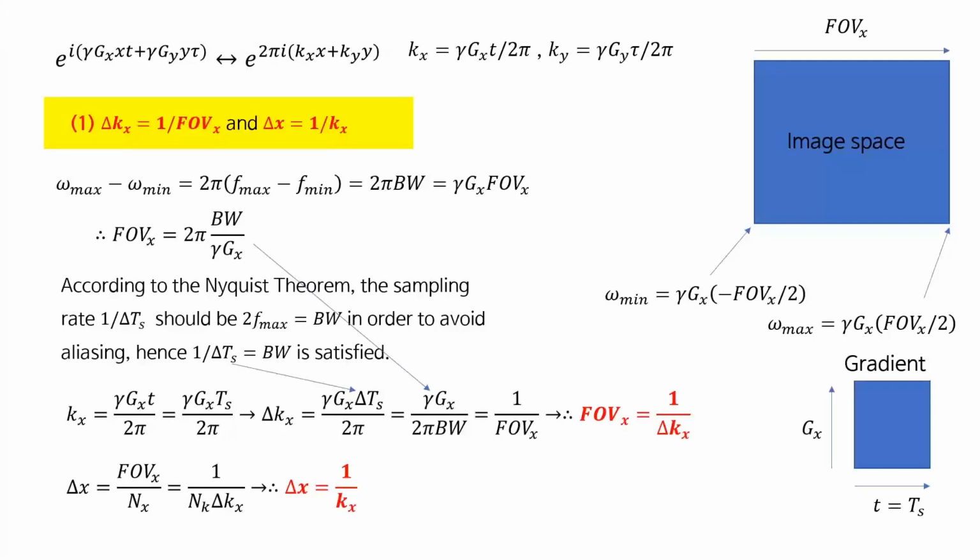Now let's summarize what we discussed so far. Kx and ky were defined by these relationships. Along the x direction, the image size is FOVX.